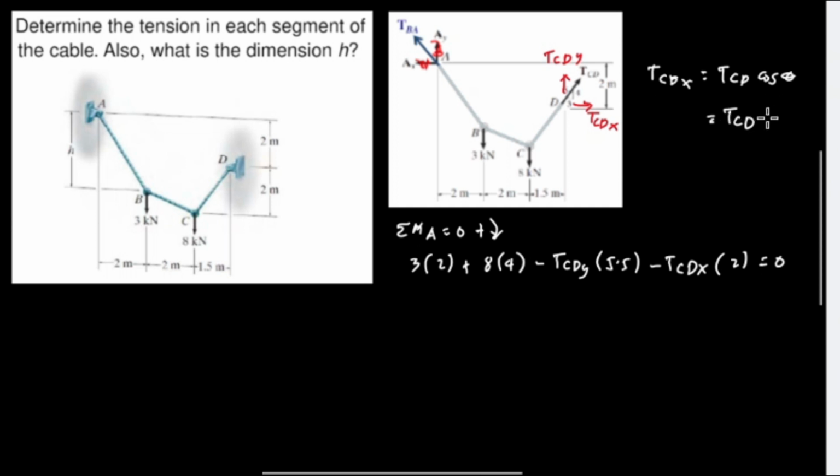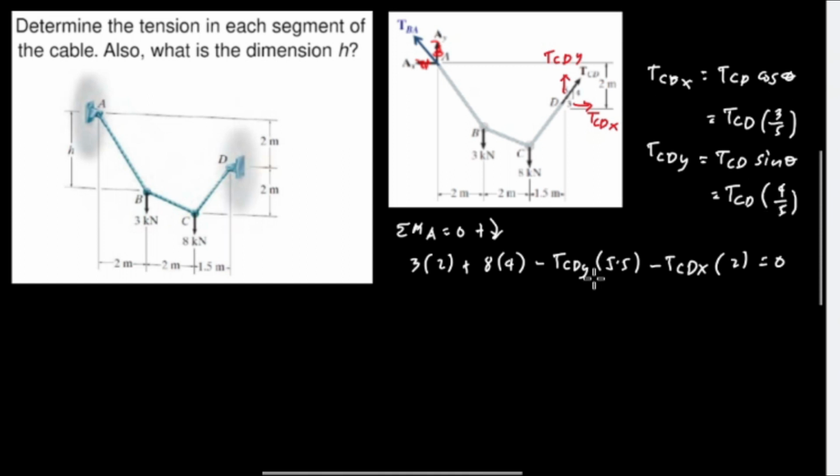Cosine theta is adjacent over hypotenuse, or 3 over 5. So that's TCD times 3 over 5. TCDY is equal to TCD sine theta, and that's opposite over hypotenuse, or 4 over 5. So TCD times 4 over 5.